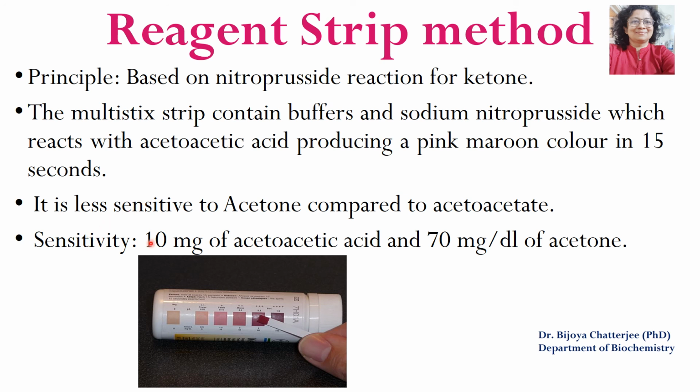It is less sensitive to acetone, and the sensitivity is 10 milligrams per dl for acetoacetic acid and 70 milligrams per dl for acetone. So this test is done pretty commonly, and it is a test that can be used for screening.